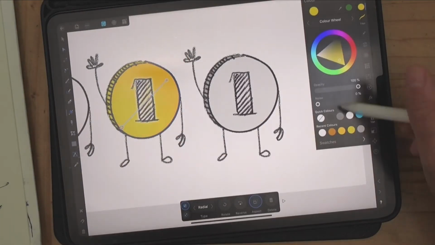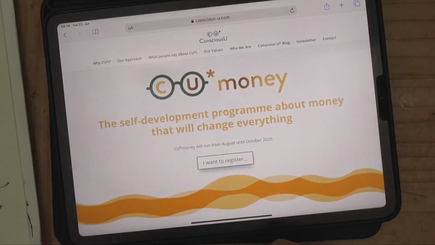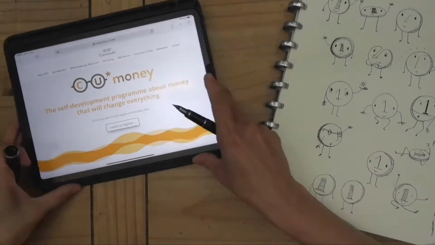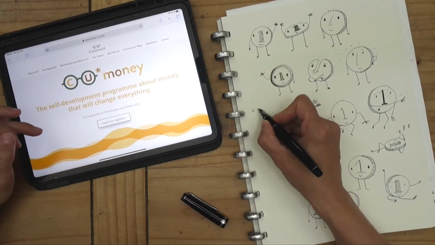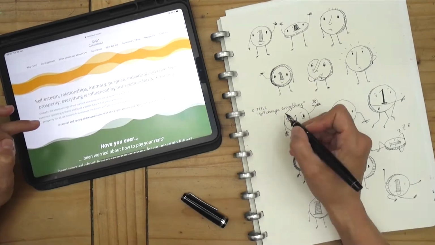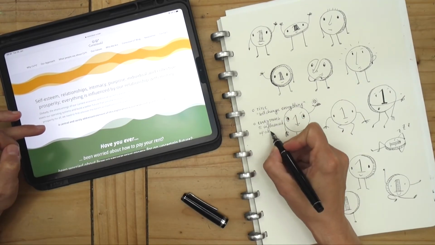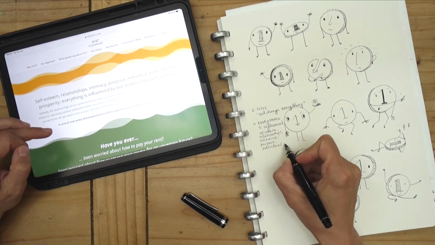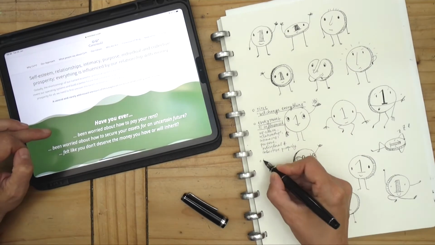Now, going back to the See You Money people, you can see me pulling up the See You Money webpage here on the iPad and putting pen and paper next to it.